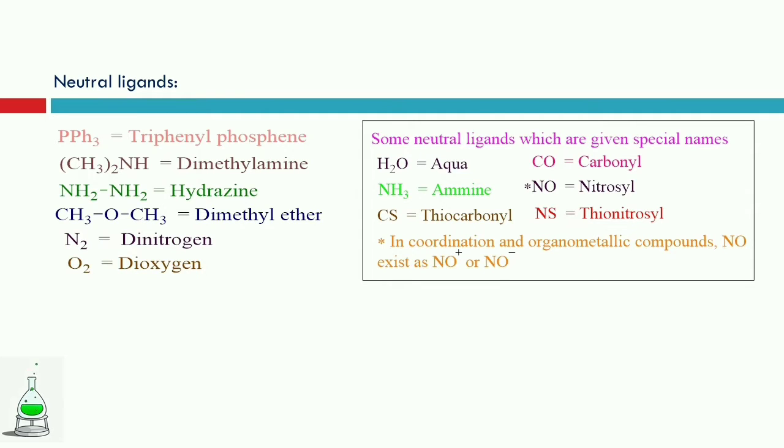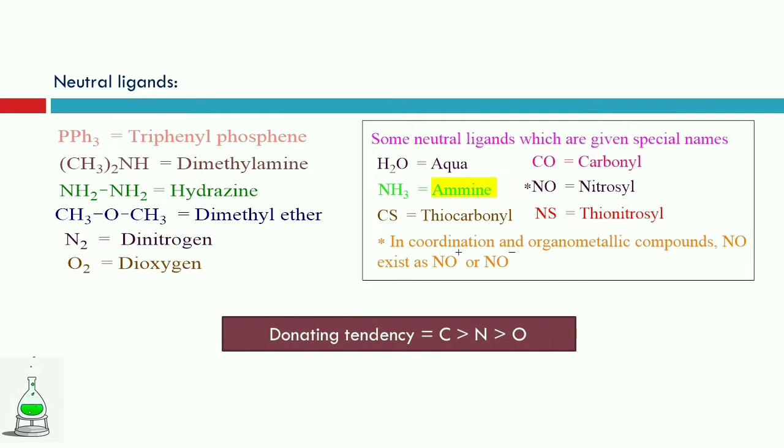But when we are going to write the name of the ammonia ligand, there we have to mention double M. Now, the donating tendency of these ligands follows the order carbon, nitrogen, and oxygen. The electron donating tendency of carbon is greater than that of nitrogen, which is greater than that of oxygen.